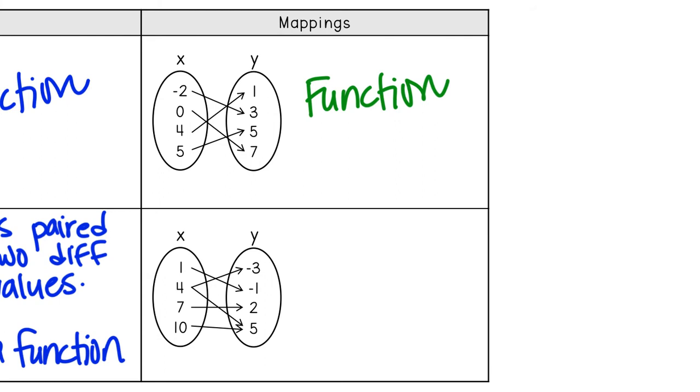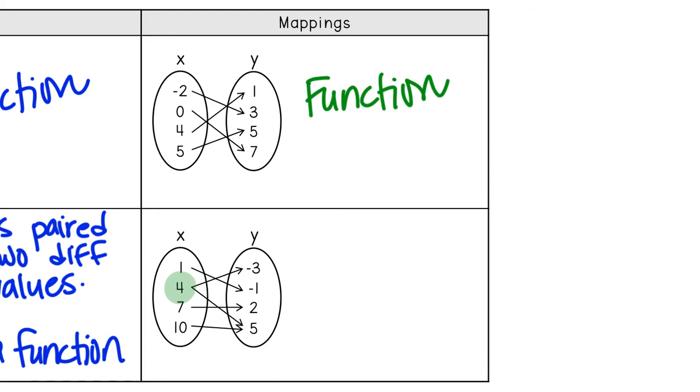Okay, so now let's look at the bottom example. All of the x's are different, 1, 4, 7, 10, so nothing's repeating. All my y's are different, so nothing's repeating there. But take a look at how they're paired. 1 is paired with 1, 7 is paired with 2, 10 is paired with 5. But this 4 right here is a little off to me because it's paired with negative 3, but it's also paired with 5.